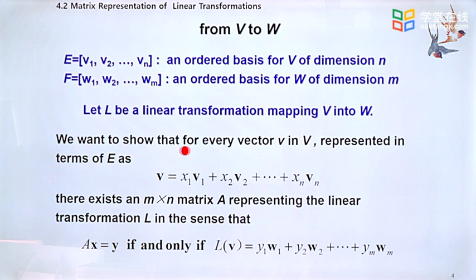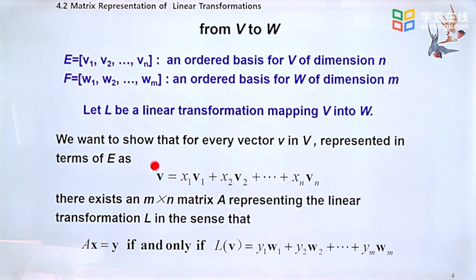We want to show that every vector v in the vector space V is represented in terms of E as v equals x1 times v1 plus x2 times v2 plus ... plus xn times vn.